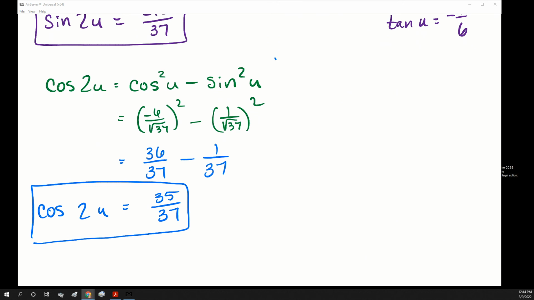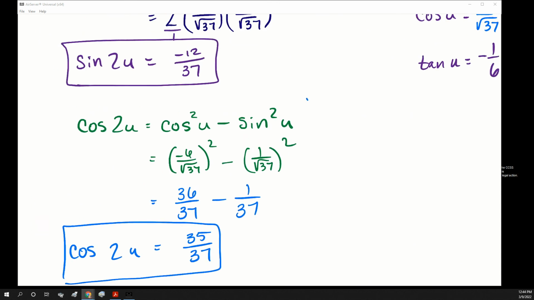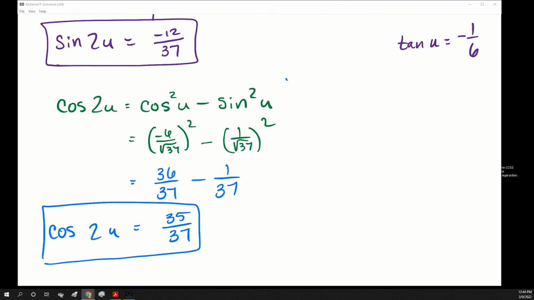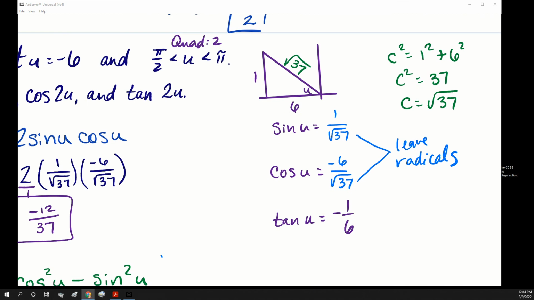Well, some people in my earlier class, when we did the sine of 2u and got a negative, thought we messed up, because u is in quadrant 2. Does that mean that 2u is in quadrant 2? Double u? It definitely isn't. So for an angle in quadrant 2, like 120, the double of that is 240.